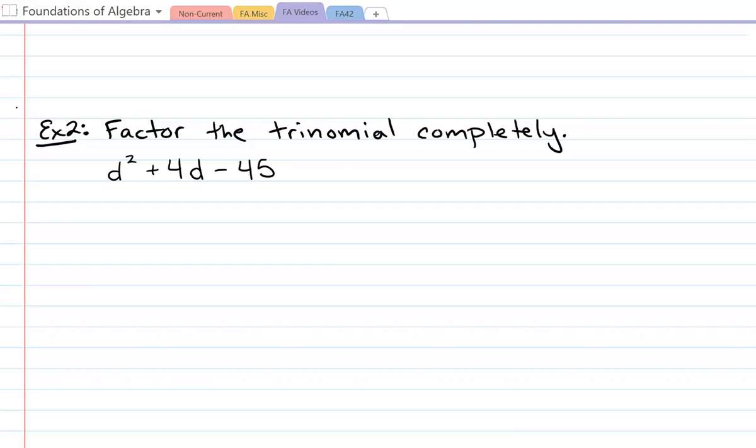So we want the factor pairs of negative 45 that add to positive 4. Let's just list them. We'll start at the top of the list. 1 times 45 is positive 45, not negative 45. So one of these factors has to be negative in order to multiply to a negative. So negative 1 times 45.